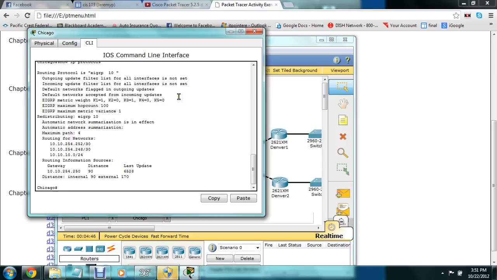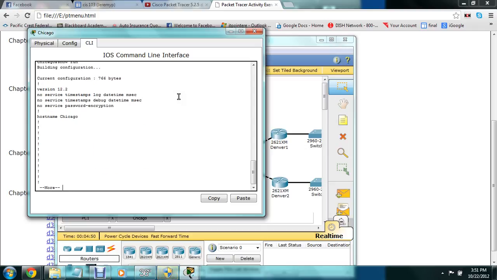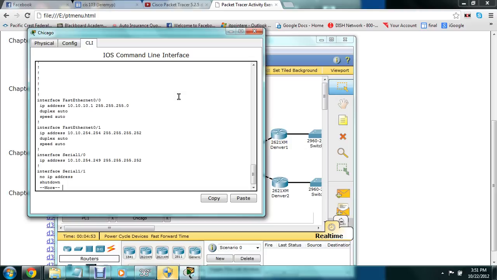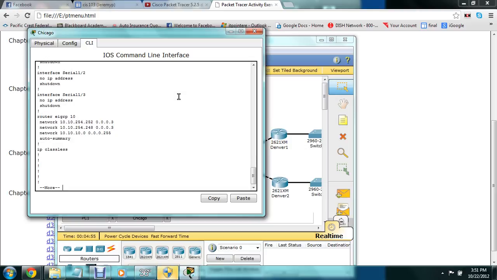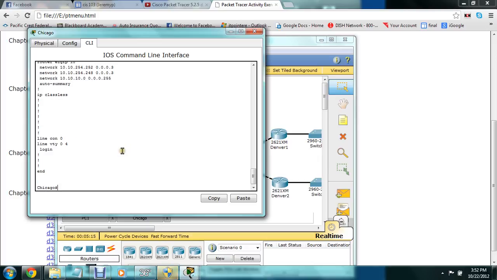So then we'll go to our show run command. We have our interface, our networks 10.10.254.252, 10.10.254.248, and 10.10.0.0.